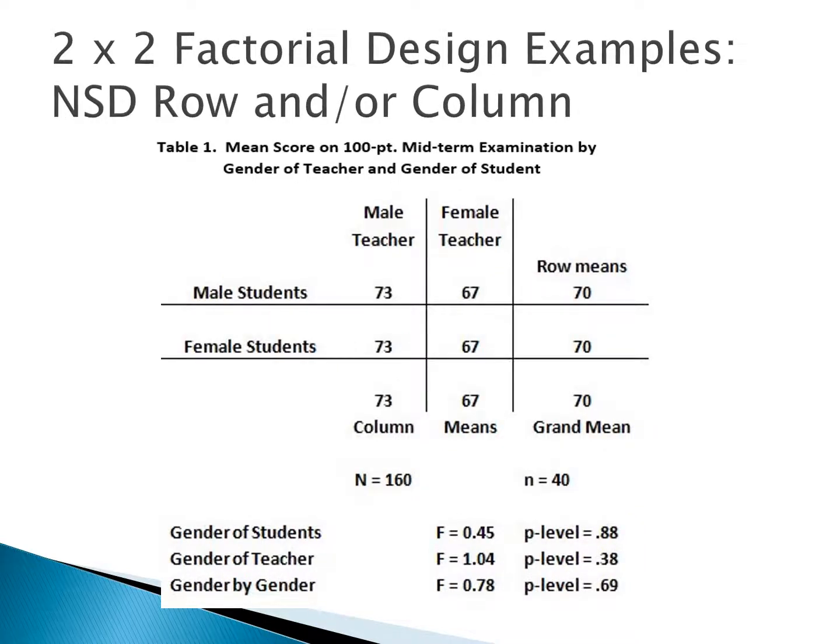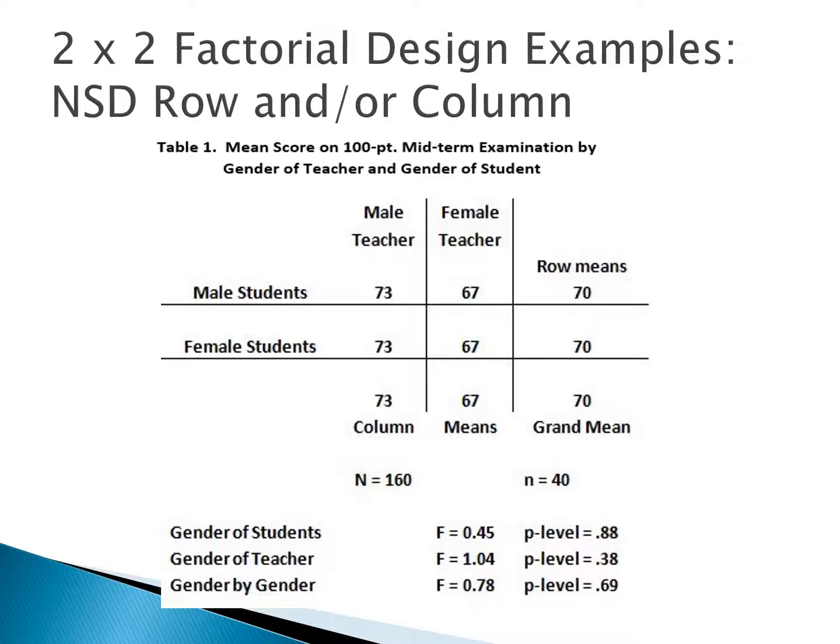This shows P levels that are all non-significant. So there would be nothing to actually talk about. NSD, no significant difference, is what that stands for.